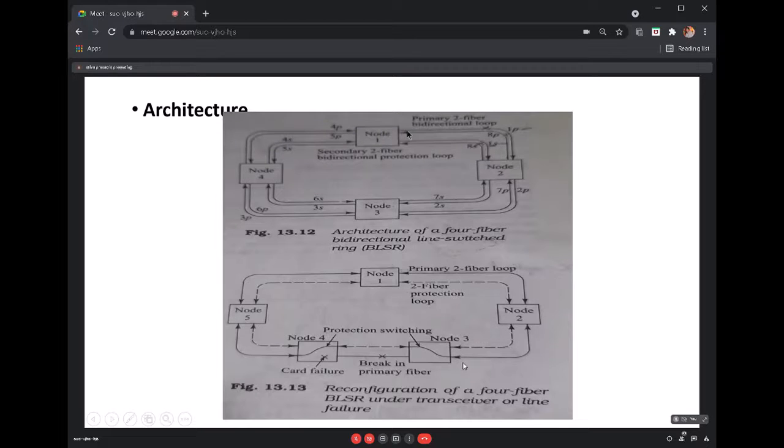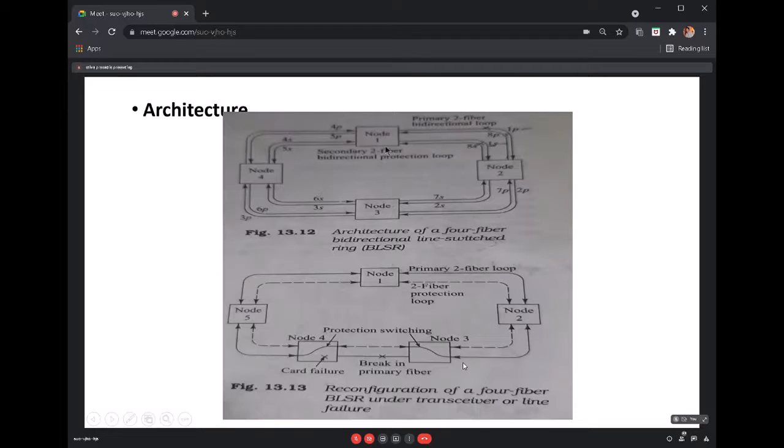The primary link is usually used for normal bidirectional communication. The other link, which we call the standby link, is used for protection purposes.